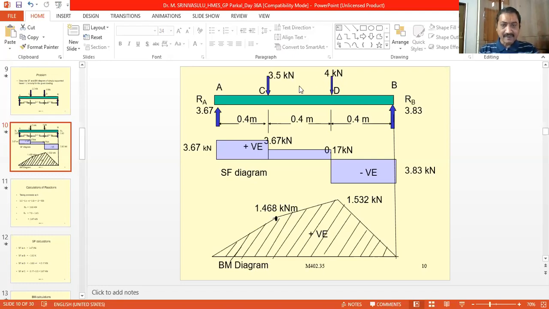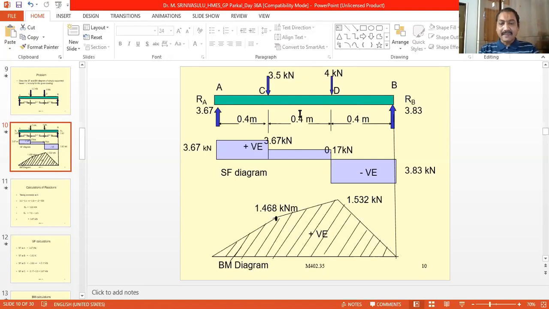Now coming to point C. If we take the section here, to the right of the section we have three forces, this is 1, 2, and 3. Now the shear force at C is equal to minus 3.83 plus 4 plus 3.5.